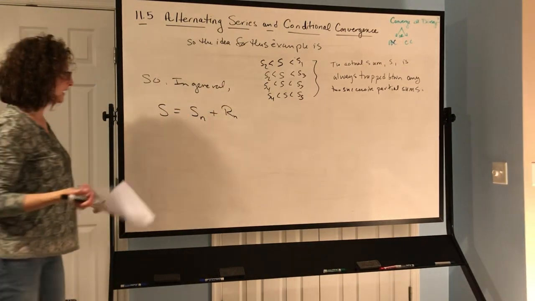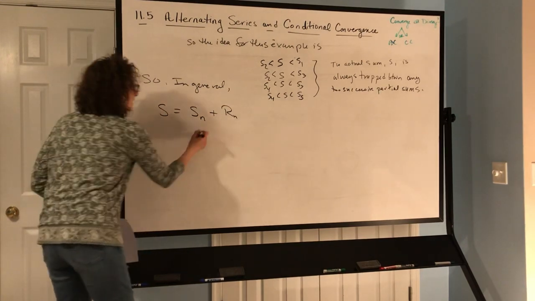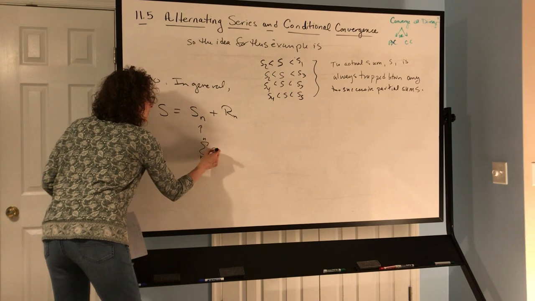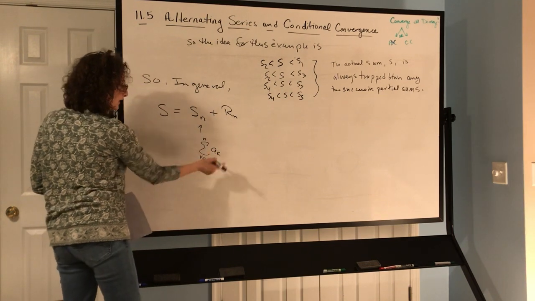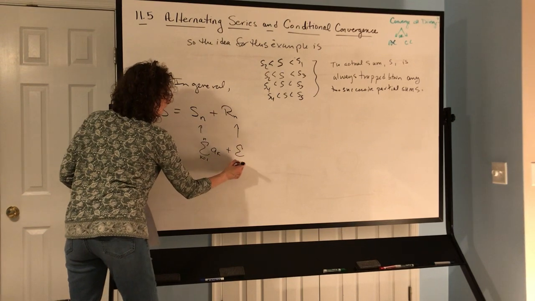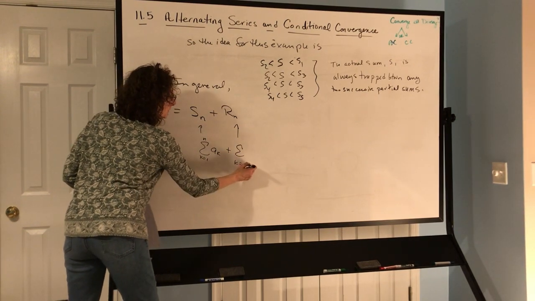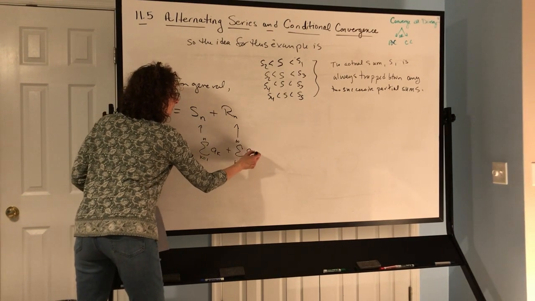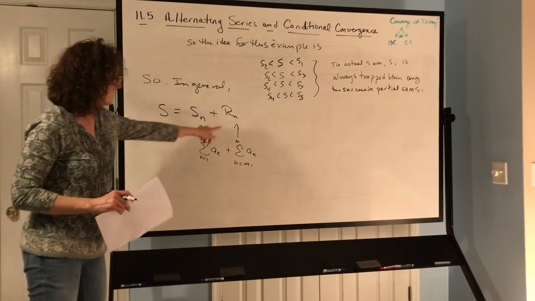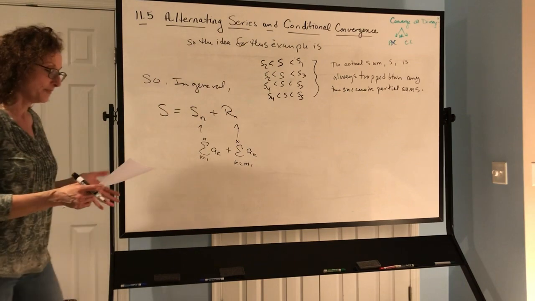The remainder is the error. This is the sum of the first n terms, k equals 1 to n of a sub k, and this guy is the sum of the rest of them, k equals n plus 1 to infinity of a sub k, right? The rest of them. This guy's the error. It's also an infinite sum, okay?